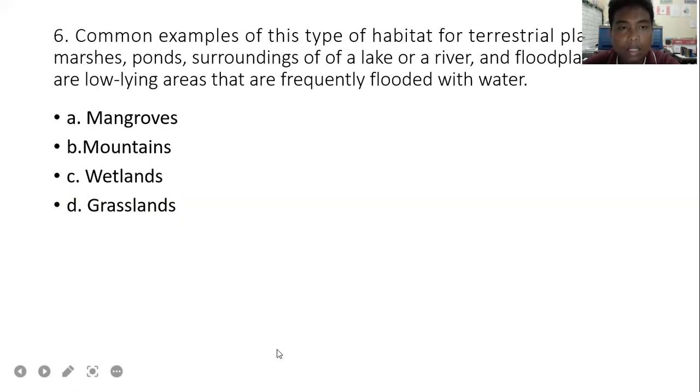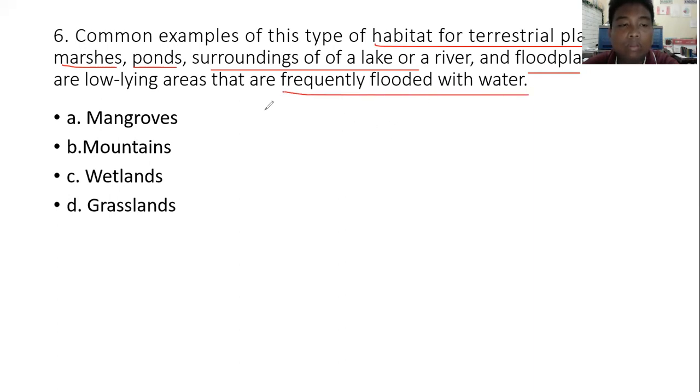So examples are marshes, ponds, or surroundings of a lake, and floodplains, which are frequently flooded with water. So what do we call that? These are wetlands. Okay?